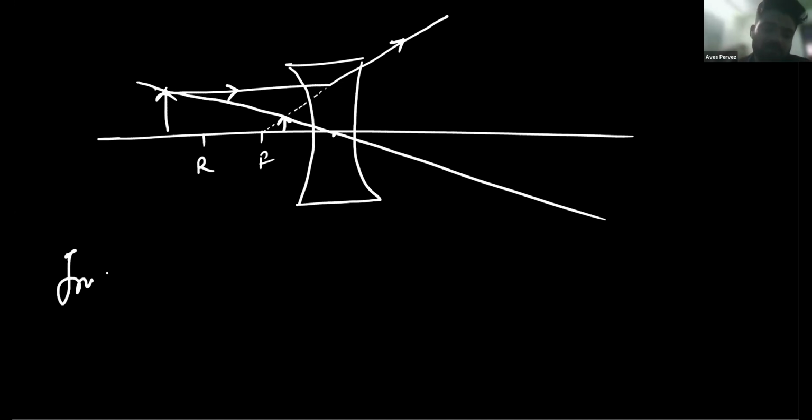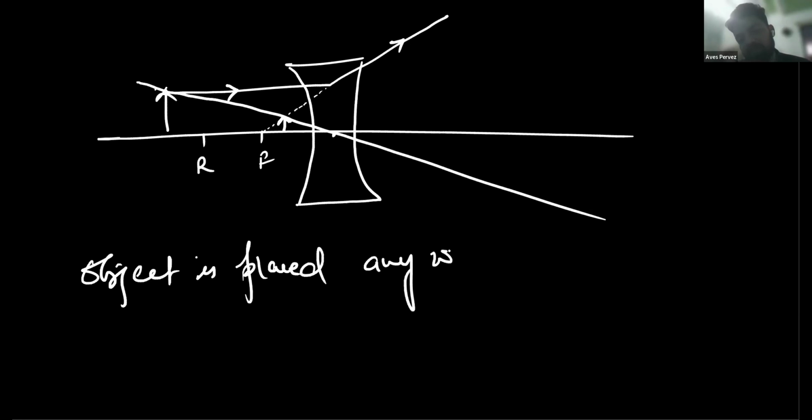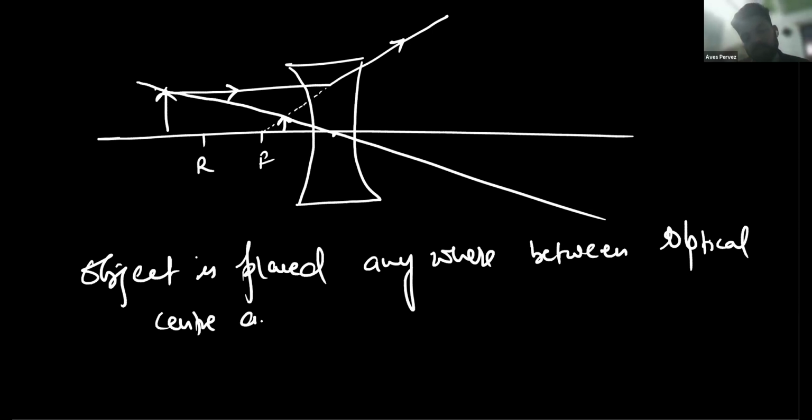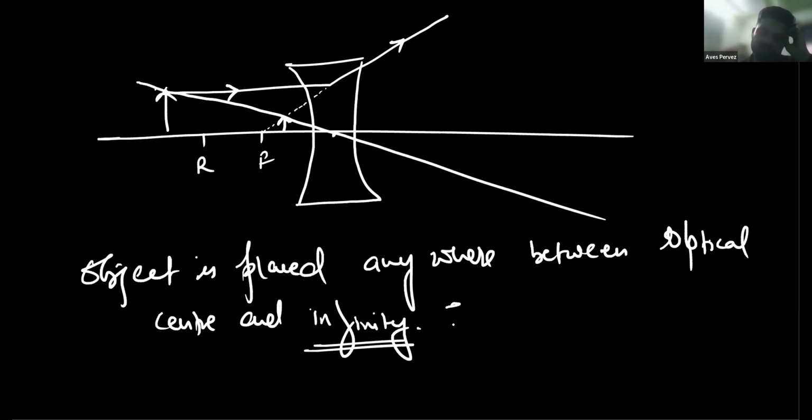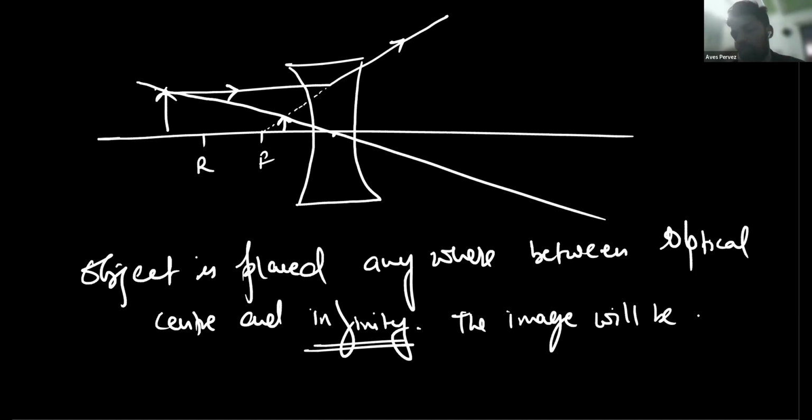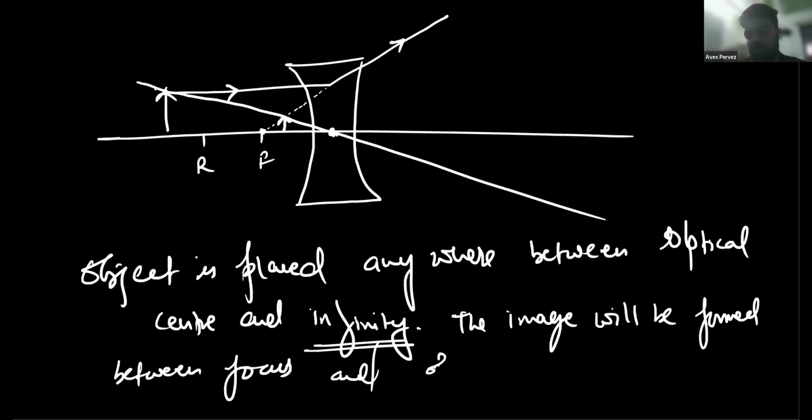So if the object is placed anywhere between the optical center and infinity, the image will always be formed between focus and optical center.